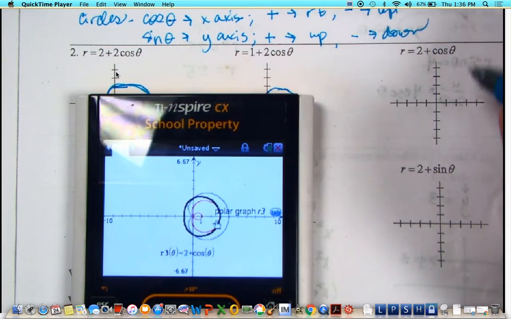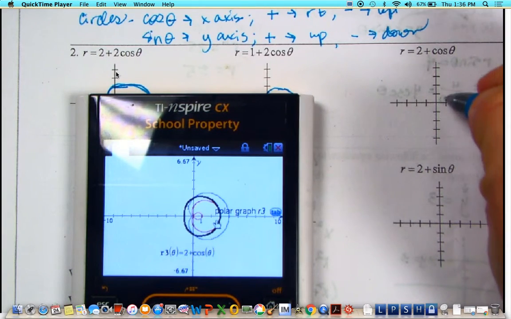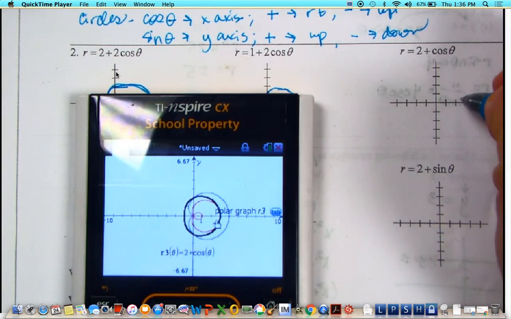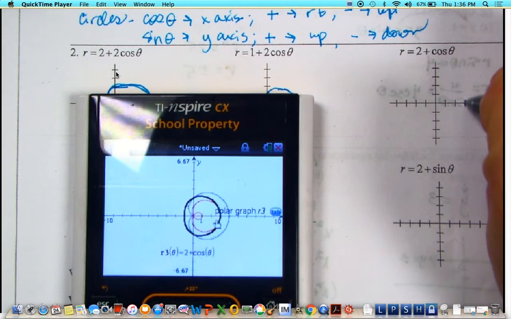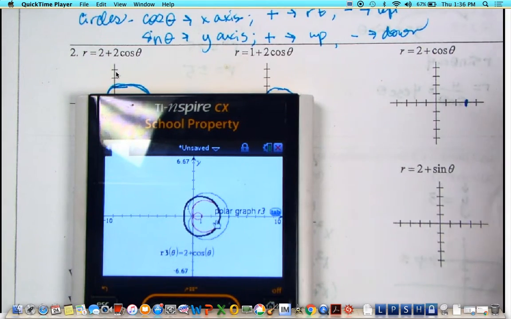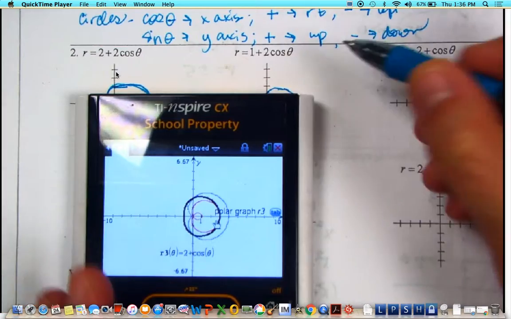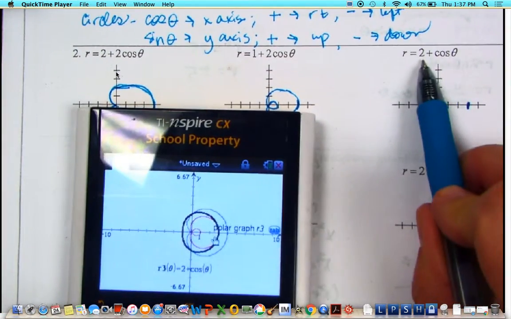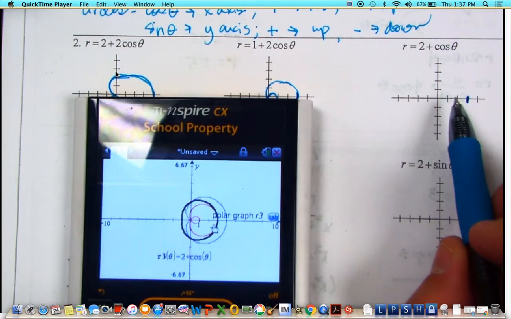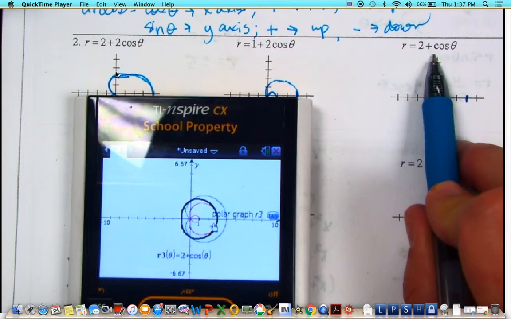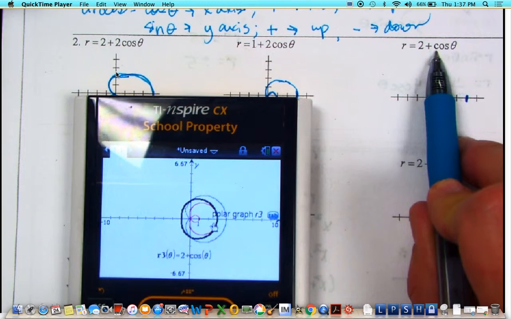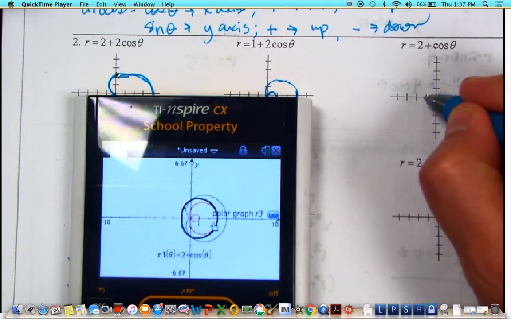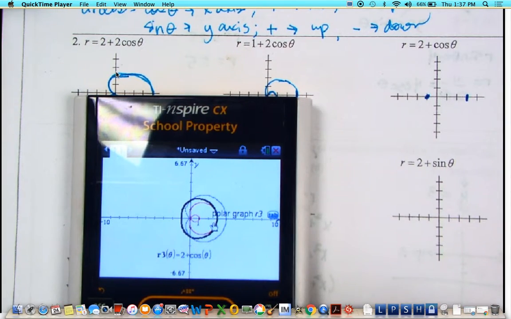So the distance from the pole to the outer edge is 3. And notice these were all from the pole as well, right? So the pole, and that's 2 plus 1, that's your 3. But this number is bigger than this one. This number is 1, so it goes out here 1 unit.